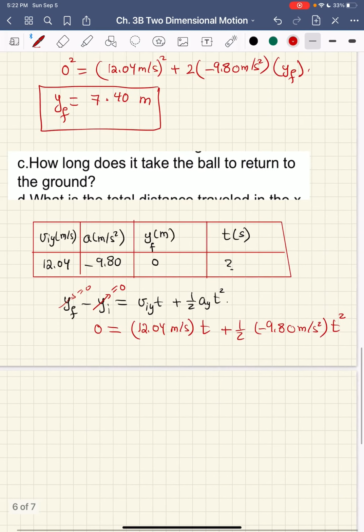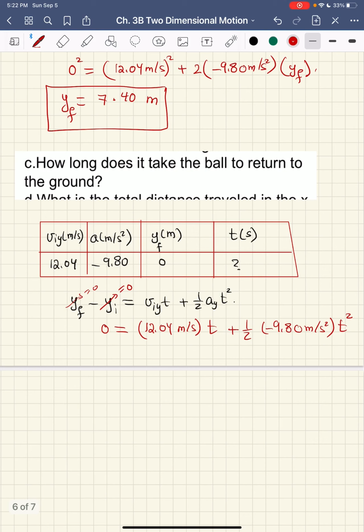Now you can take this equation, 4.9, bring it to the other side, and have t squared equals 12.04 times t, and I can drop the t's here.